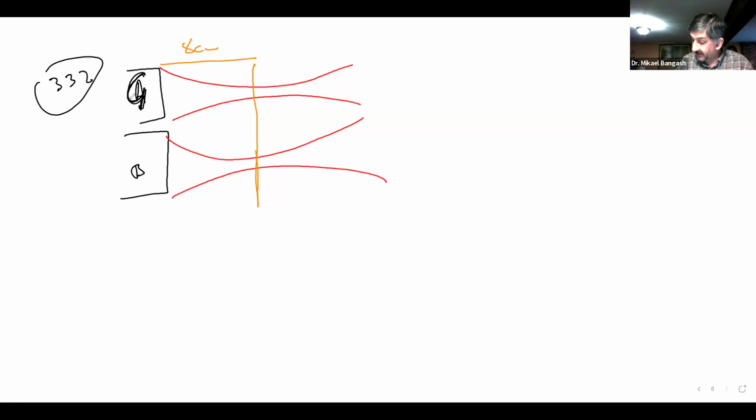Lateral resolution is 3 millimeters. Whereas system P, as in Peter, has a lateral resolution of 5 millimeters.